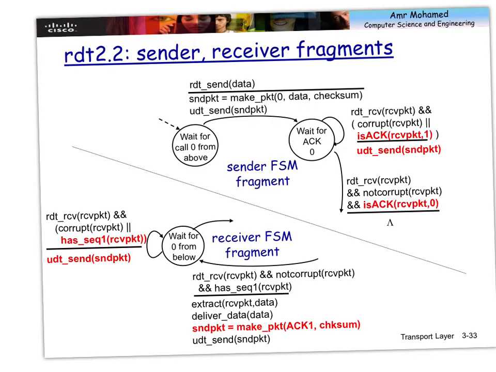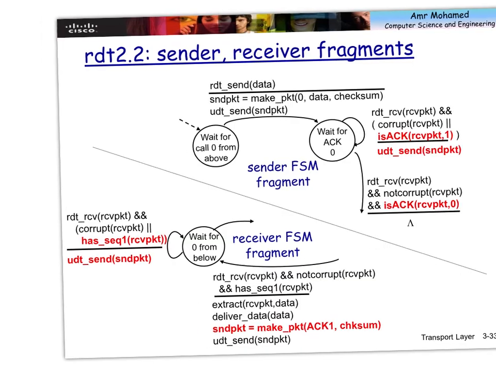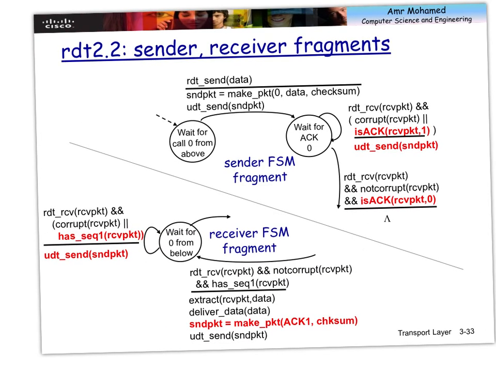So what is the case I'm talking about here? Wait for 0 from below. I receive the segment and it's corrupt. So instead of sending a negative acknowledgement, I will send a positive acknowledgement for 0.